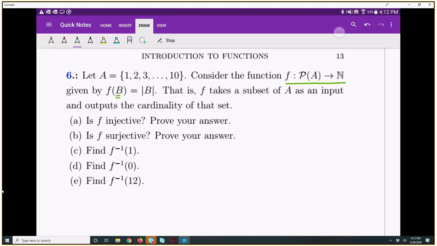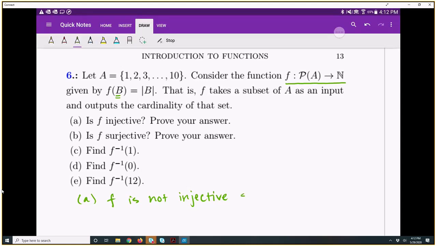The question is, will this function be injective? This function is not injective because there are many elements in the power set that have the same cardinality.